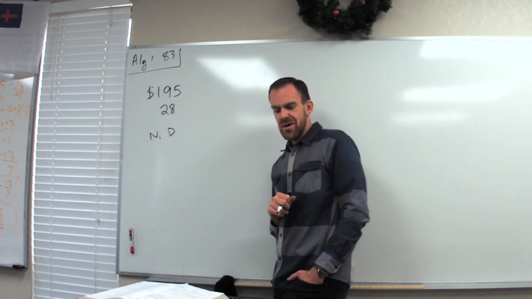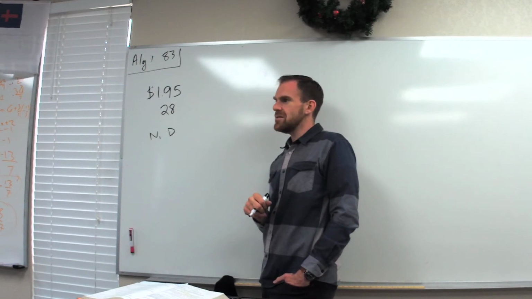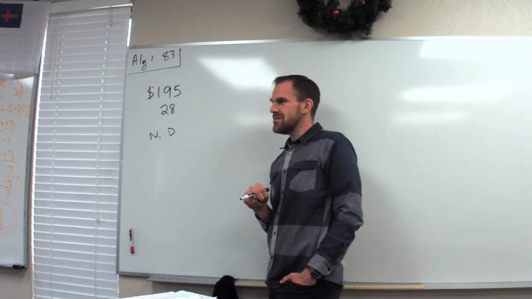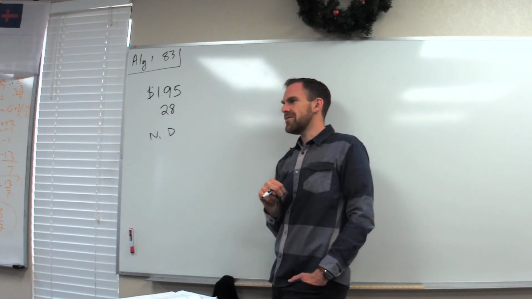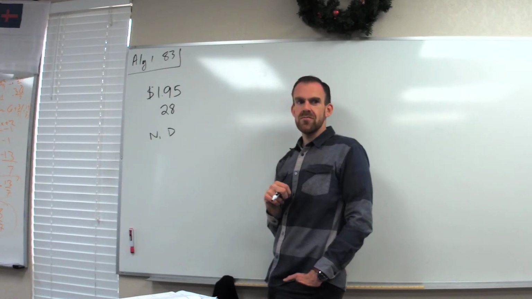How many nickels do I have? And how many dimes do I have? I'm sorry, what? I have 28 coins, nickels and dimes, and they add up to make $1.95. How many of each do I have? Hold on.